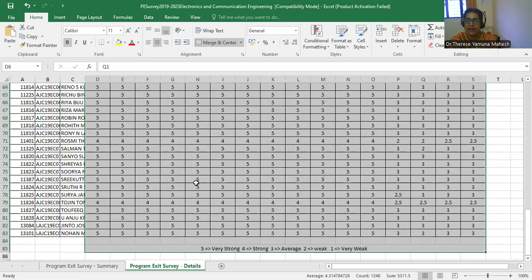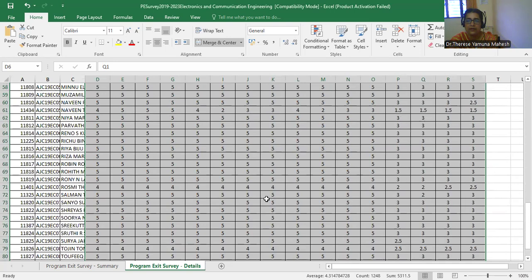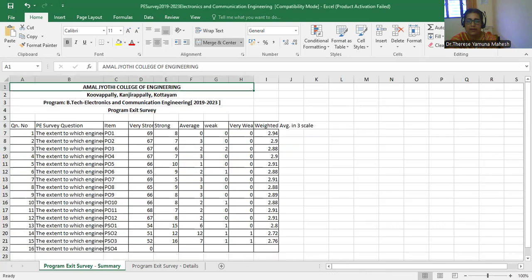These are the replies of the students. This is in the scale of 5. 5 is very strong, 4 is strong, 3 is average, 2 is weak, 1 is very weak. So the counts are taken and the average is converted to a scale of 3. So these are the indirect calculation values.